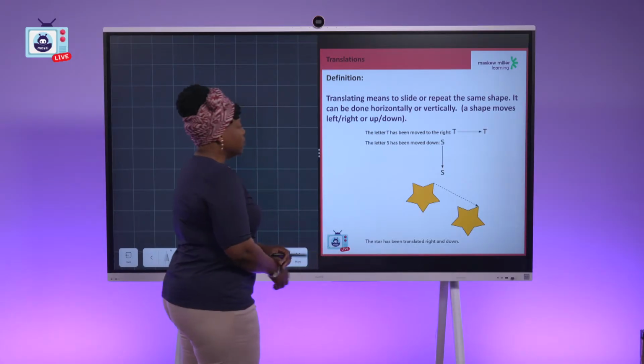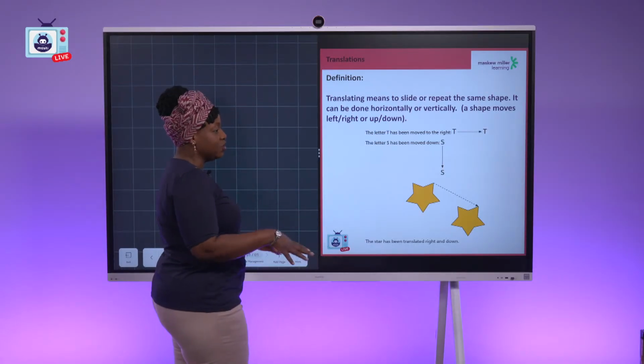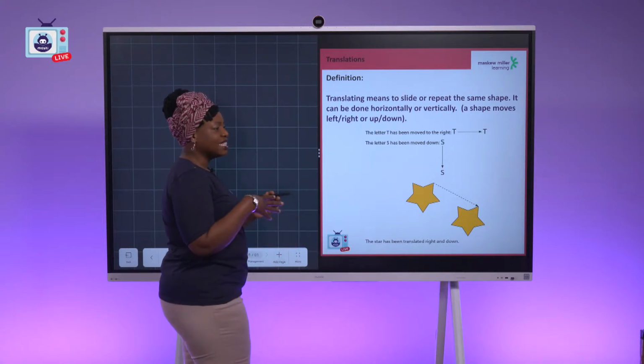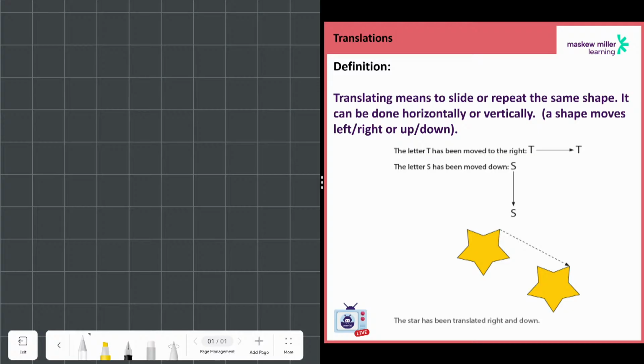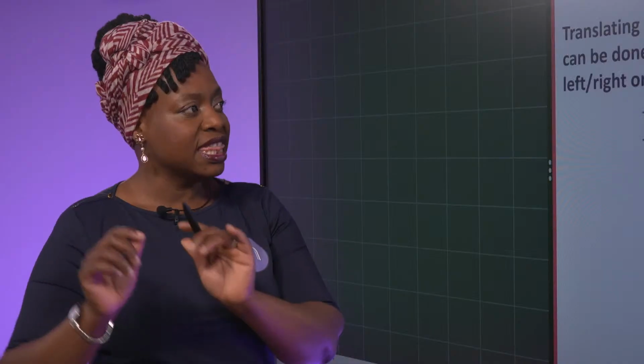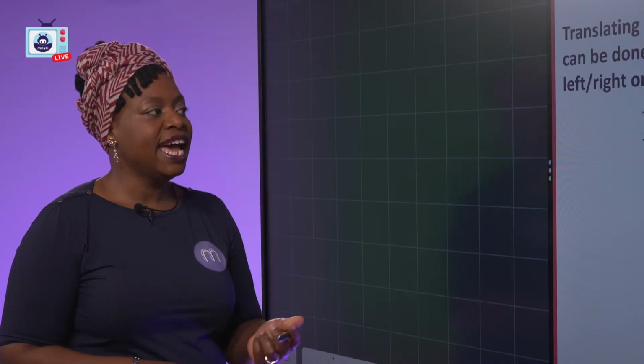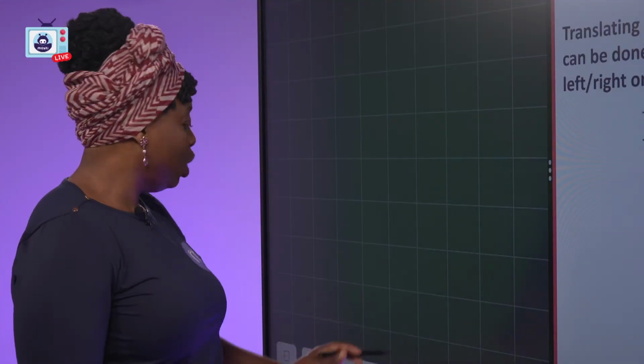So this one is where we translate, right, in transformation. So translation simply means that when something moves from one point, just slides. The same shape is there, just moved from one point to another. Then that is what we call translating. It can happen going horizontal or vertical.